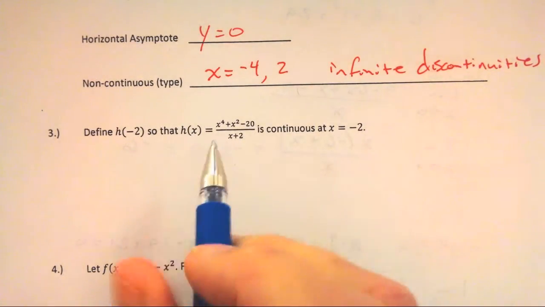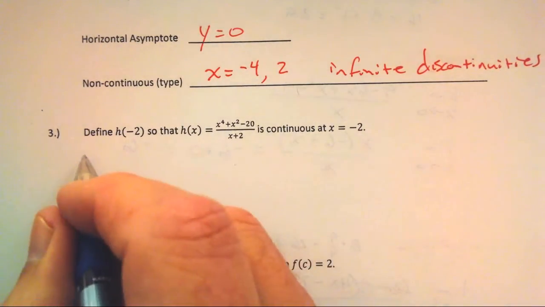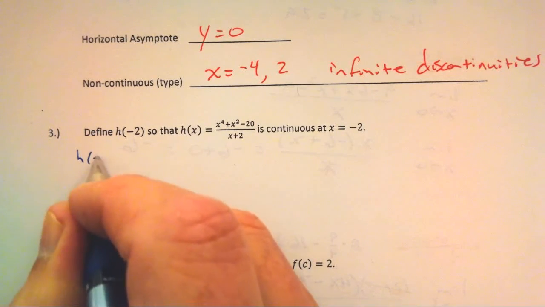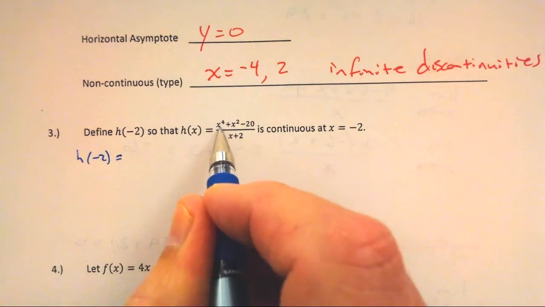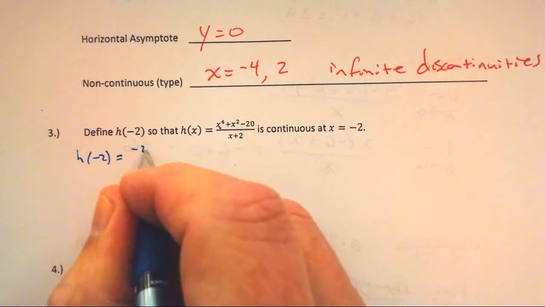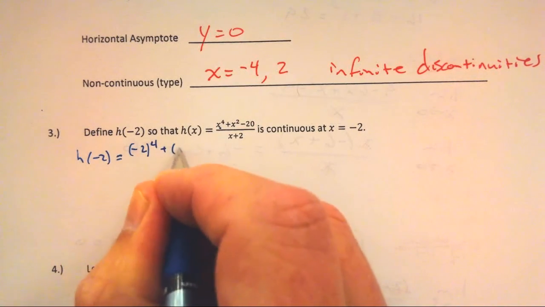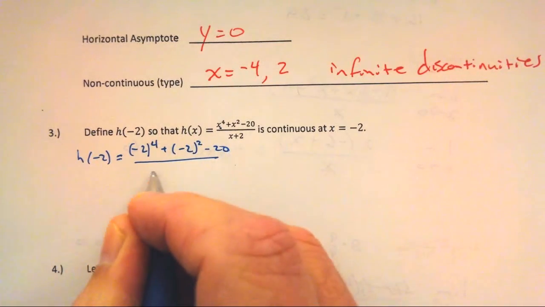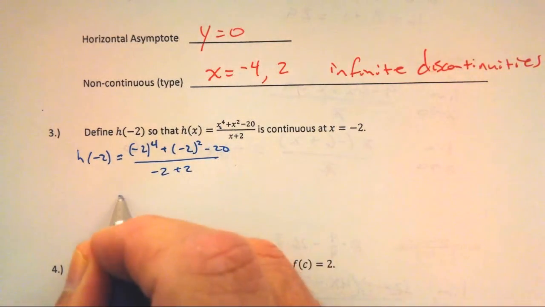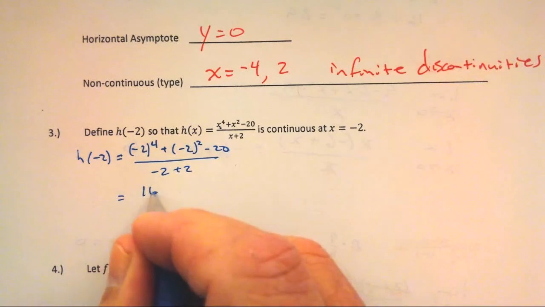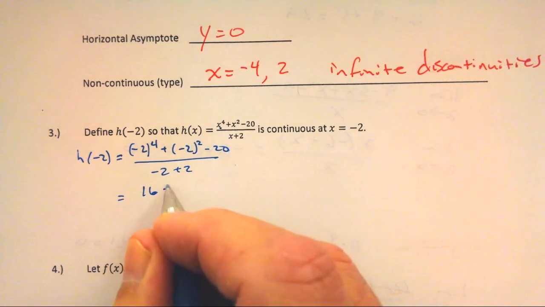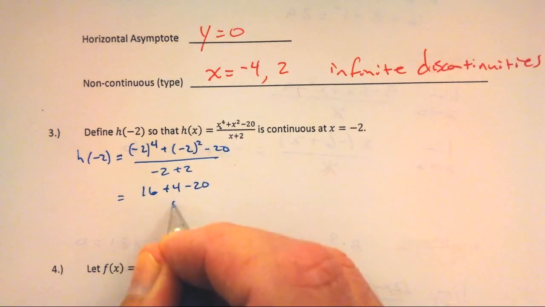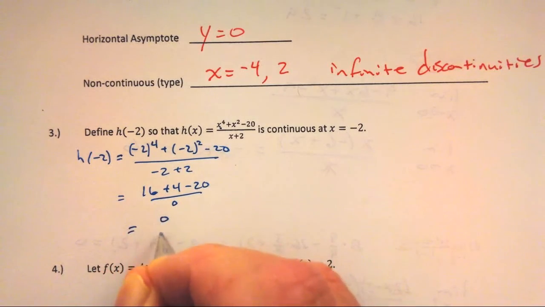Let's put -2 into this function. h of -2 equals -2 to the 4th plus -2 squared minus 20 on -2 plus 2. That is 16 plus 4 minus 20, sure enough, 0 on 0.